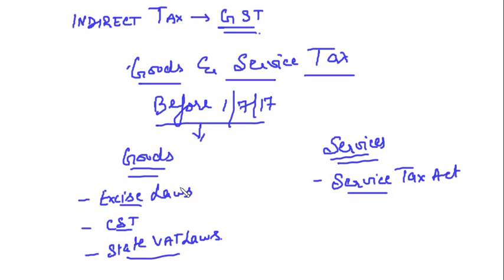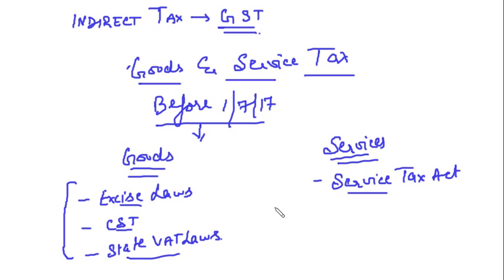But it is important to know here why it has been introduced, because it was a constitutional binding on the government to bring GST before 16th of September 2017, right? Government was bound to bring this act before 16th of September 2017 because from 16th of September the validity of excise laws, the validity of the state VAT laws, Service Tax Act will get zero.